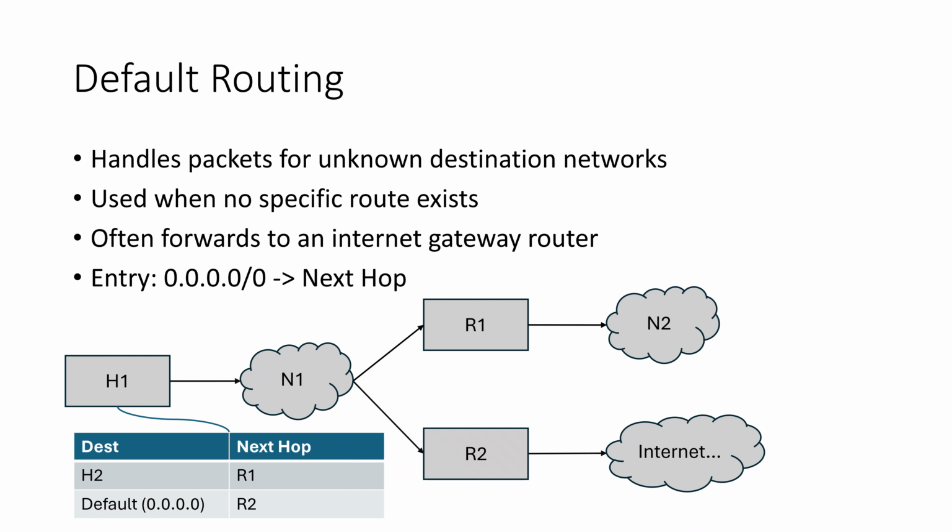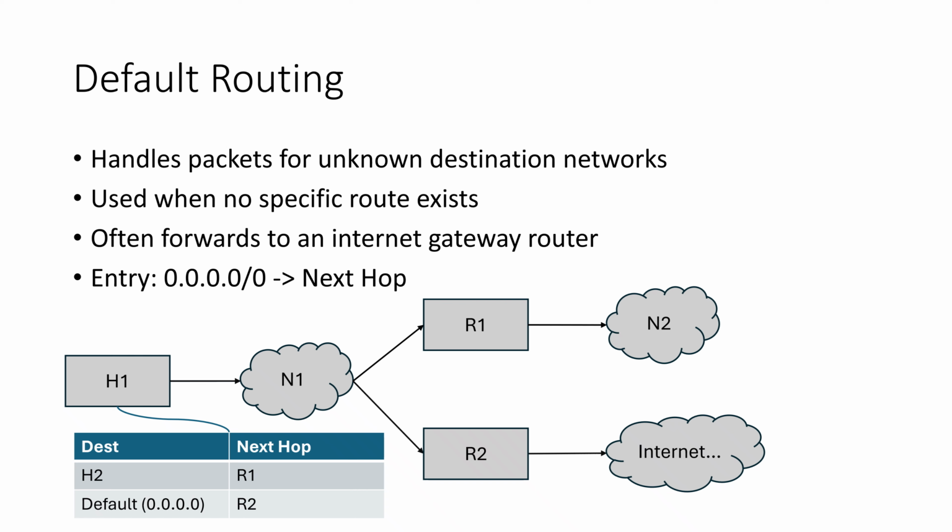The last method is default routing. So what happens when a router receives a packet but its routing table has no entry for the destination network? Instead of dropping the packet, it forwards it using a default route. This is a kind of catch-all entry, typically pointing to a gateway router, usually the organization's connection to the internet or a larger backbone network.